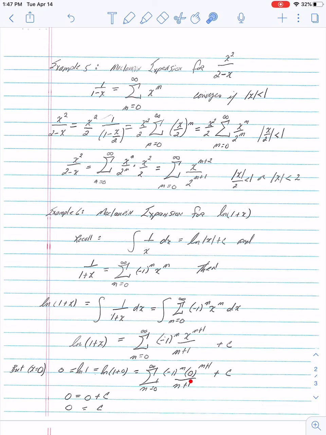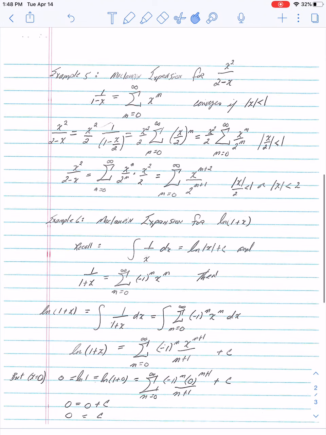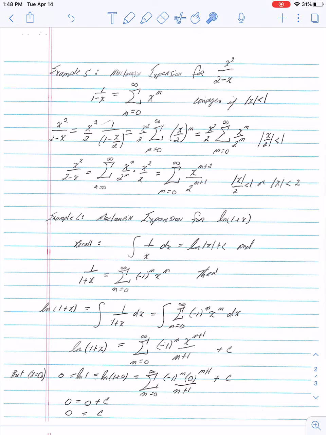So when I plug in 0, this whole thing goes away. That is, its value is 0. And what I get is 0 is 0 plus c, which tells me c equals 0. Now there's a lot of zeros there. All right, so the point is my answer becomes this with c equals 0.